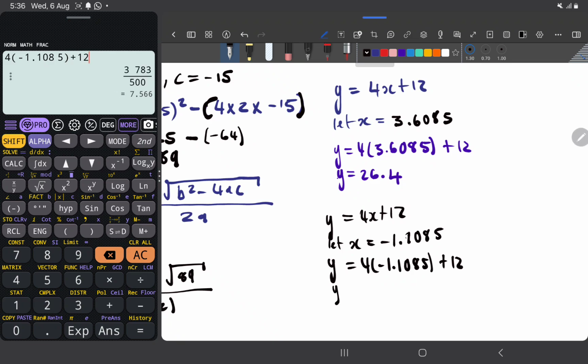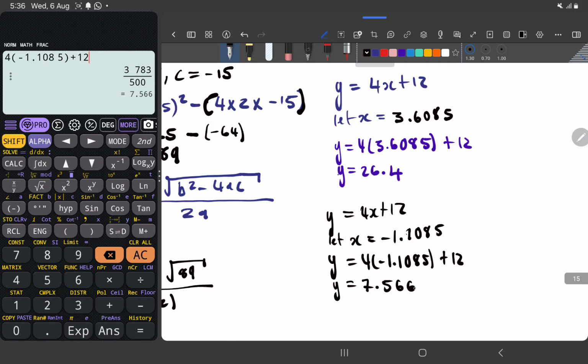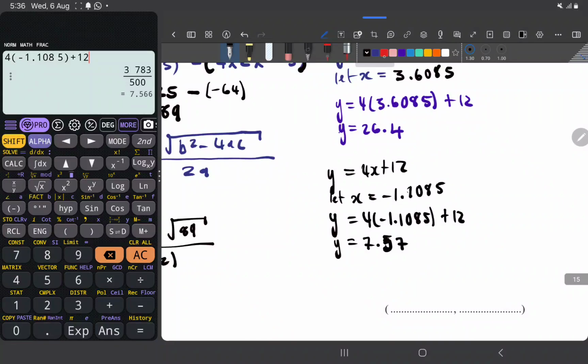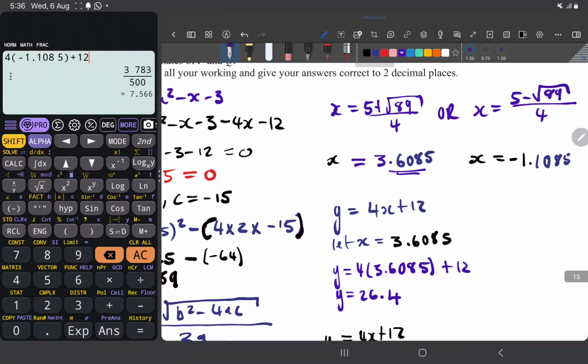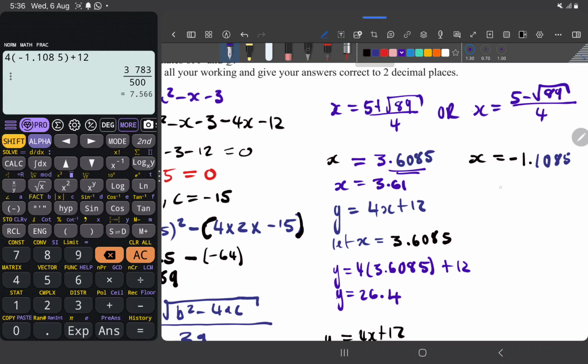This gives me y being equal to 7.566, which we round off to 3SF is 7.57. So now I can round off the x values, so x is equal to 3.61 and here x is equal to negative 1.11.